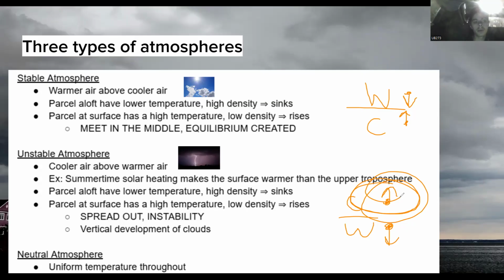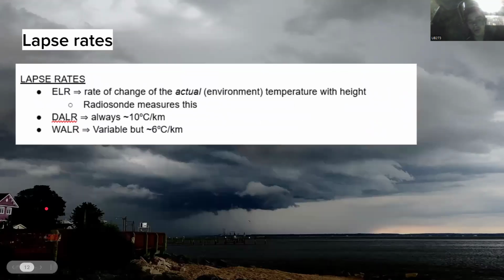All right. Now we'll talk about the lapse rates. I pretty much already talked about this, but there are 3 types of lapse rates that we're going to talk about, and the lapse rates are just saying how temperature is changing with height. The environmental lapse rate, how do you calculate it? Don't have to. The radiosonde does this.